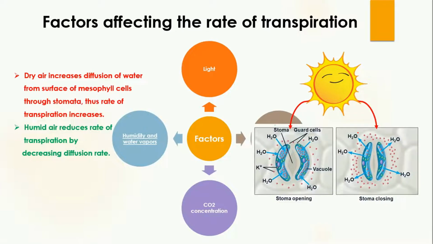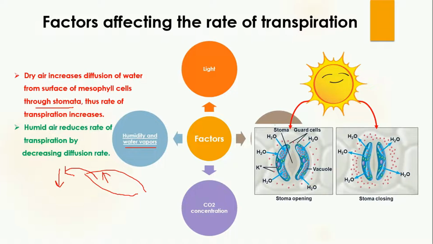The fourth factor which is affecting the rate of transpiration is humidity and water vapors. Dry air increases the diffusion of water from the surface of mesophyll cells through stomata. When the outside water vapors are less, but inside the leaf the water is very high, by the process of diffusion, the water will move from high water potential or high concentration to the low concentration.